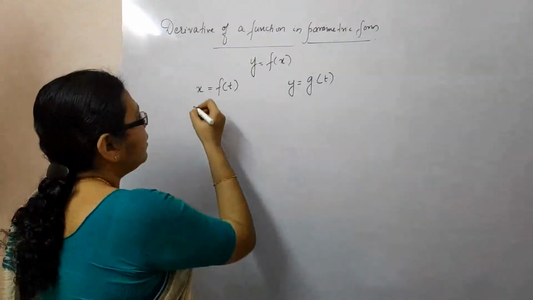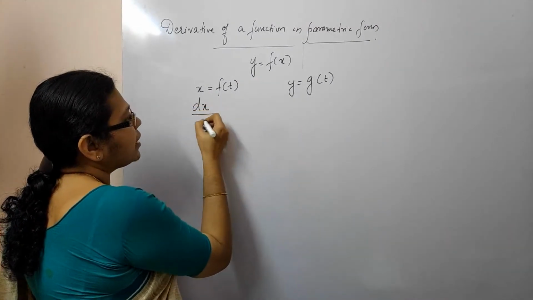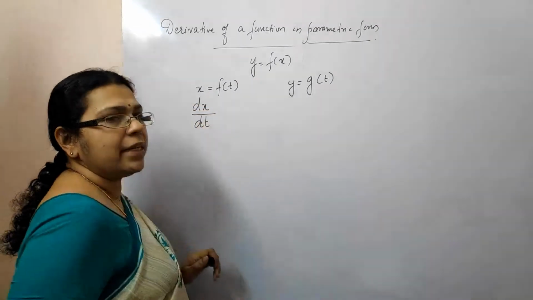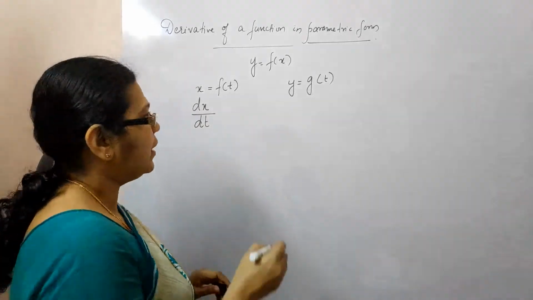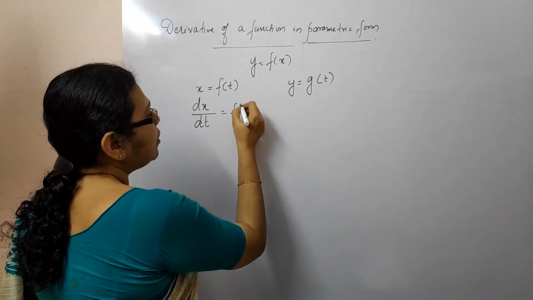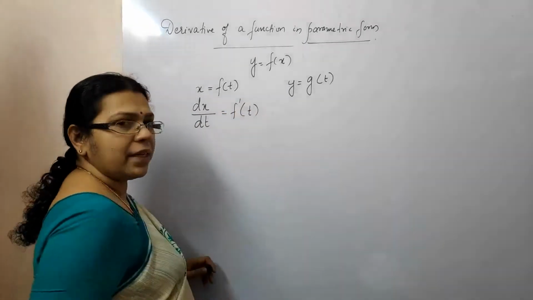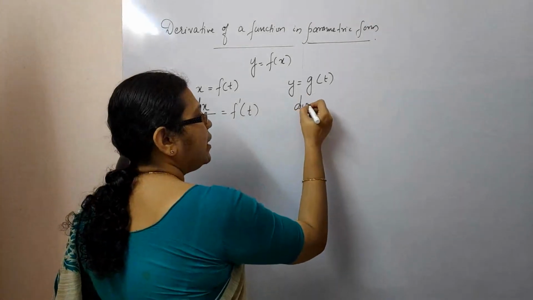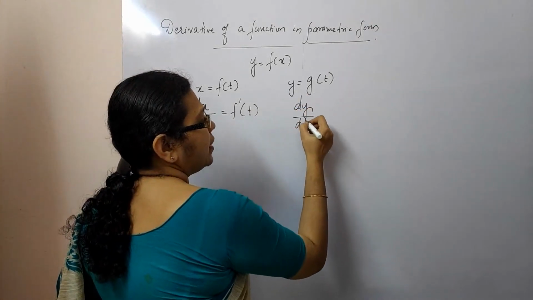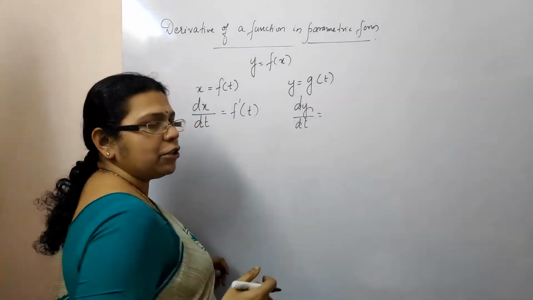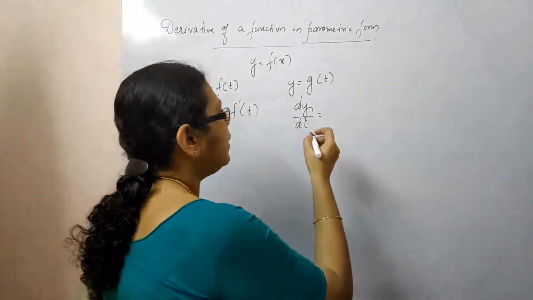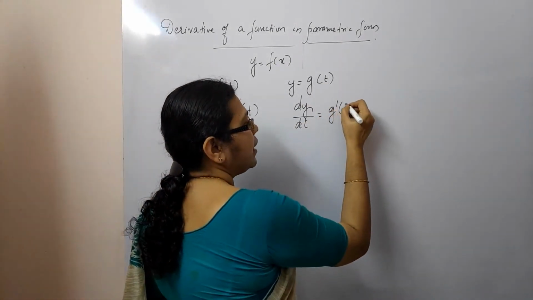So when I find the derivative of x with respect to t, I write it as dx by dt. So dx by dt is equal to what? Our f dash t, right? And again I find dy by dt, because y is another function of t. So dy by dt, I get it as g dash t.